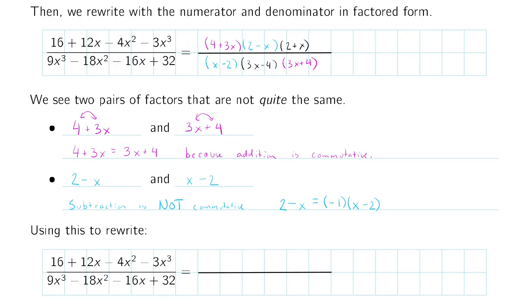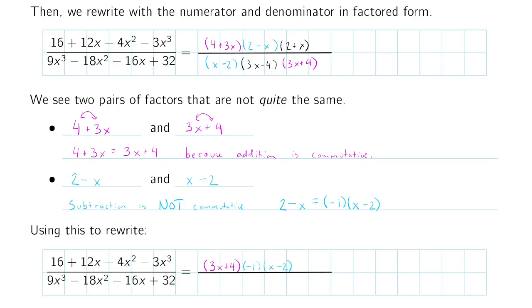So I'm going to just rewrite factors from the numerator, because I like my variable to appear first. 4 plus 3x, we said that's the same as 3x plus 4. 2 minus x, we said that's the same as negative 1 times x minus 2.